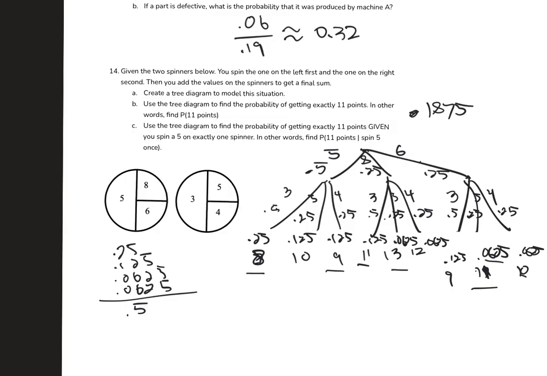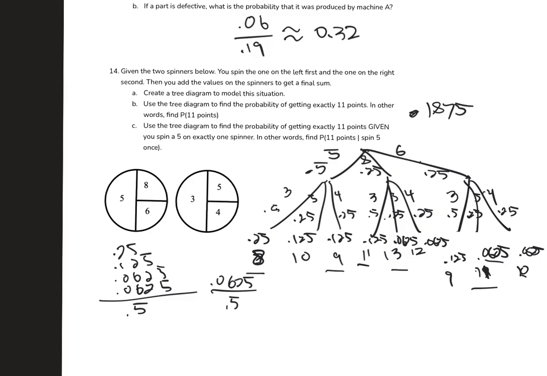Out of all of these, the one place that we get an 11 is here with this 6 and a 5. The only other 11 we can get is an 8 and a 3, and so that isn't included in our set of combinations that we're looking at. So our denominator is going to be 0.5, and our numerator is going to be 0.0625.